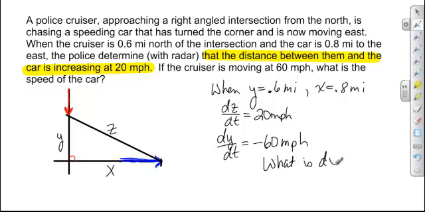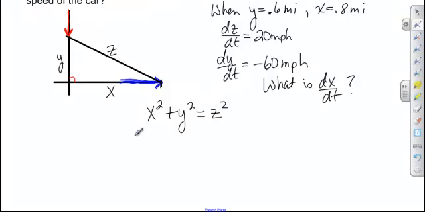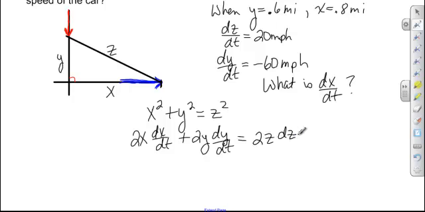So again, start with an equation: x squared plus y squared equals z squared is going to give us the relationship between all the quantities in this problem. Take a derivative with respect to t. Since everything is multiplied by 2, I can divide by 2 to simplify the equation I've got to deal with.